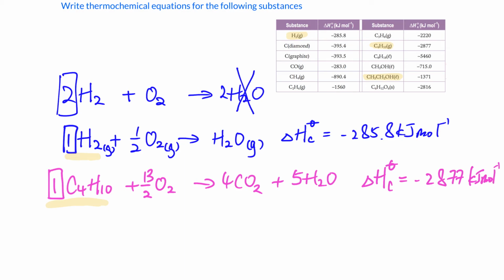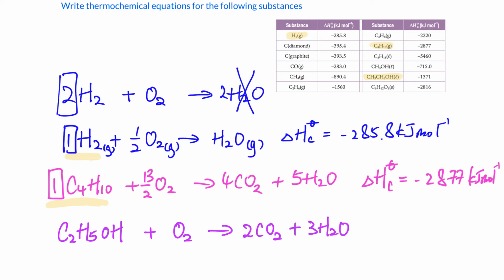So the last one is ethanol. So you have C2H5OH for this, and you add oxygen, and you have 2 CO2 and 3 H2O. In total, on the right hand side, you have how many? 4 plus 3, you have 7 oxygen atoms there.